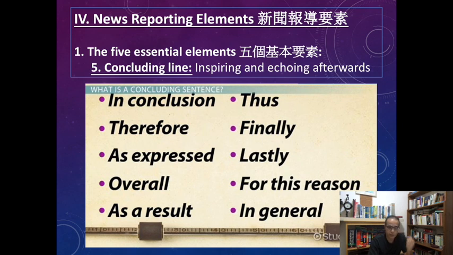You need to have this powerful line to end your report with, and you can begin that concluding paragraph with expressions like in conclusion, therefore, as expressed, overall, as a result, thus, finally, lastly, for this reason, in general, and so on.